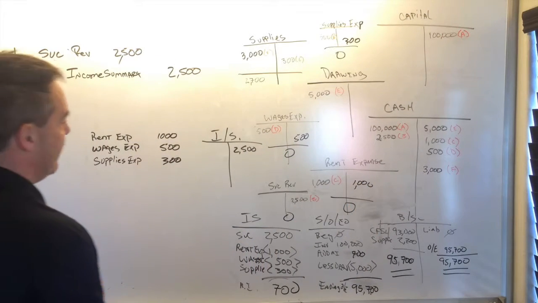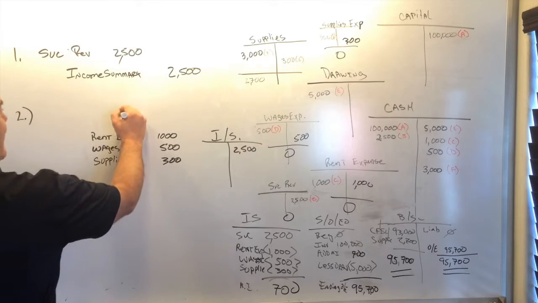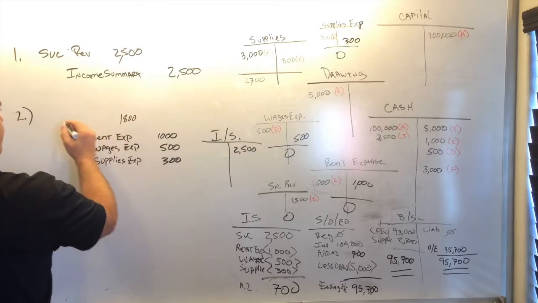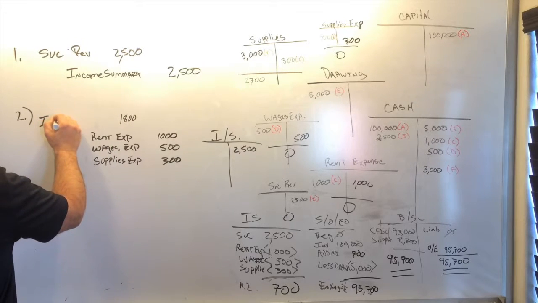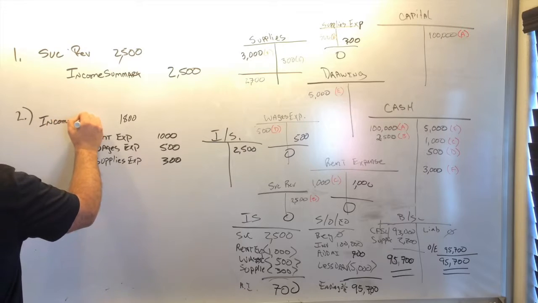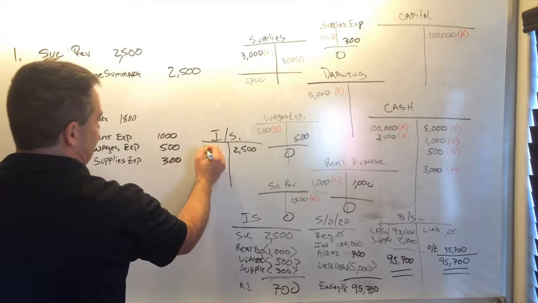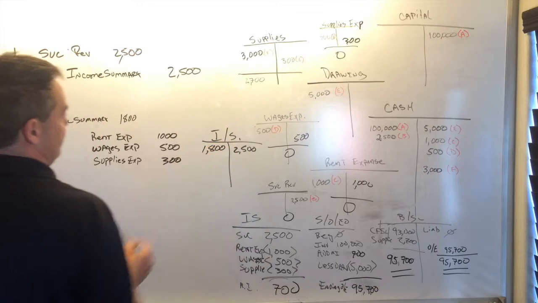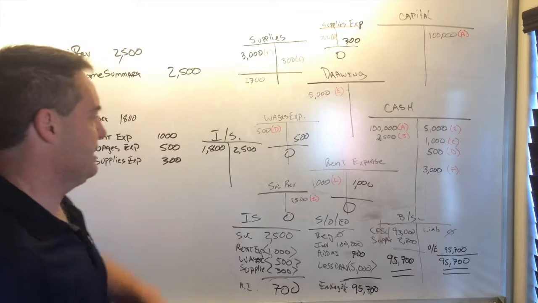All right, so now I've got $1,800 worth of credits. I need $1,800 worth of debits. And the account that I'm going to debit is that temporary income summary account. So $1,800 goes into the debit side. Okay, so third closing entry is to close down the income summary account.